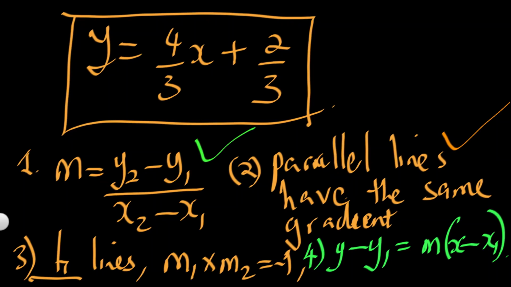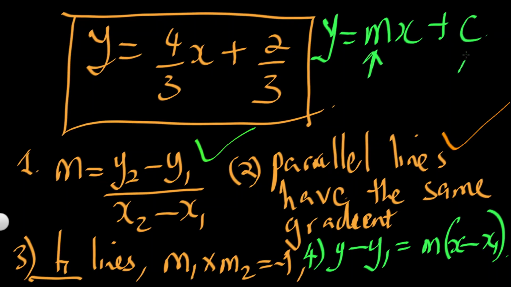Maybe the last thing that I should mention is you can only point out your c and your m if you have written the equation of a straight line in standard form. So first of all, it should be written in the form y equals mx plus c. Then you can pick out that this is your m, your gradient, and this is your c.